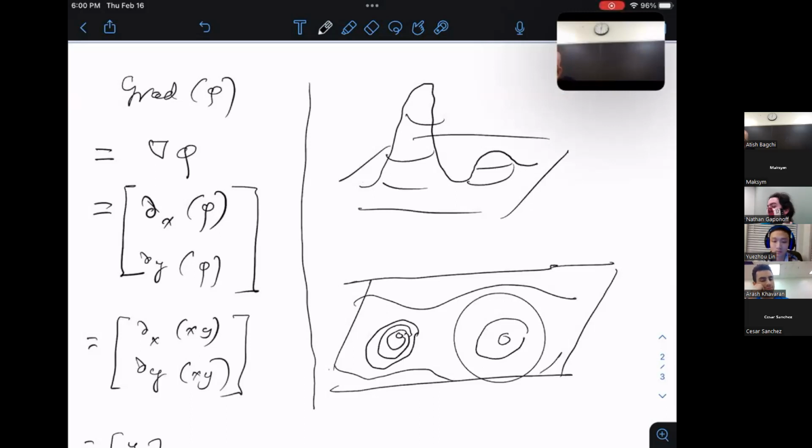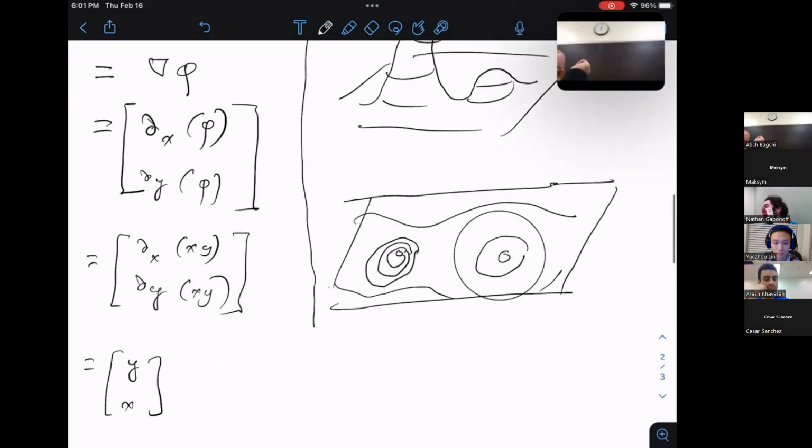I am slicing them with planes parallel to the base. So the radii of the circles will be closer for this one and further apart for this one.